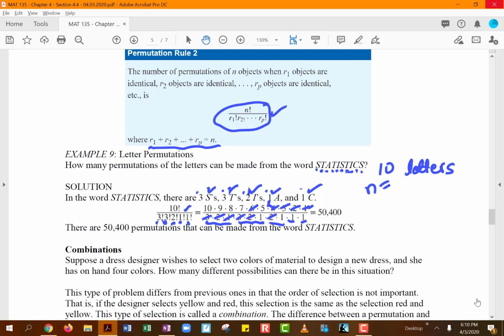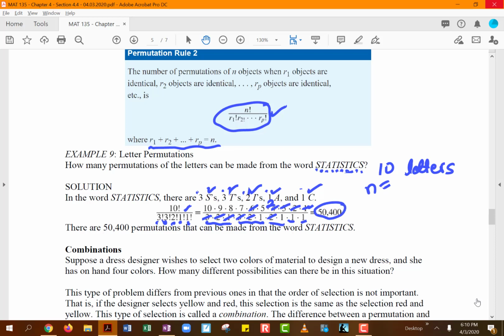Now you just have ones left on the bottom, so anything divided by 1 is the number itself. If you go through all of those calculations, you end up getting a total of 50,400 different permutations.